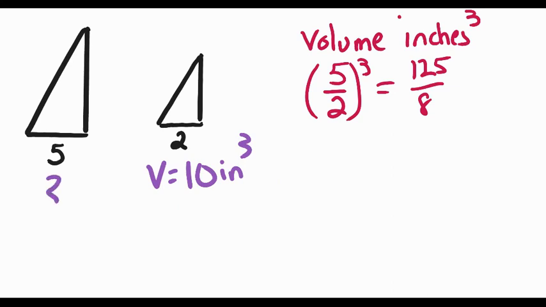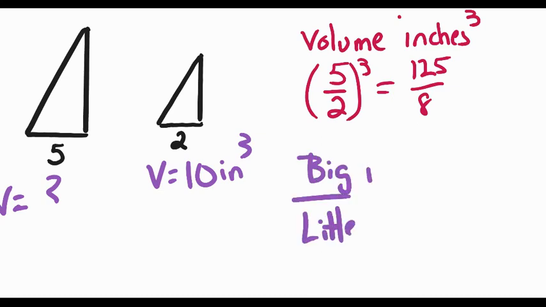And I want to know the volume of the big one. In order to find a missing volume, I would first find the ratio of volumes. So big to little is 125 over 8. That's the ratio of the volumes.